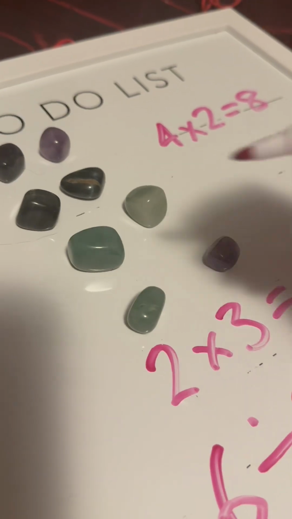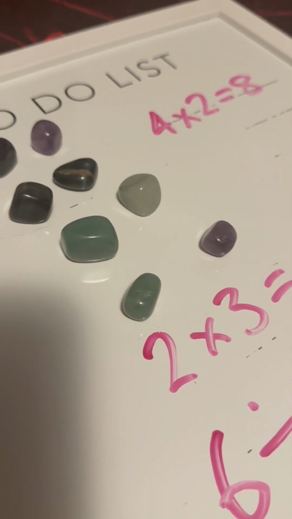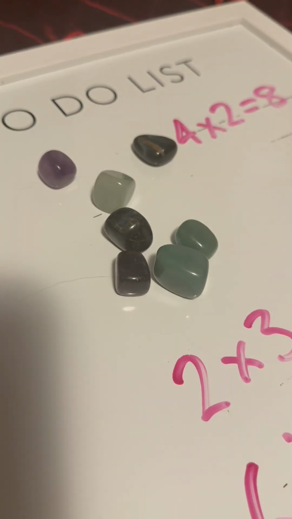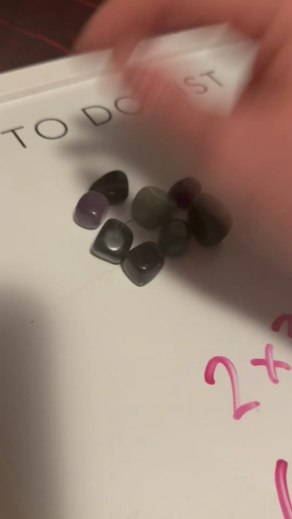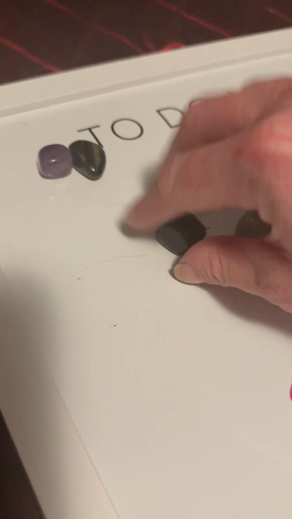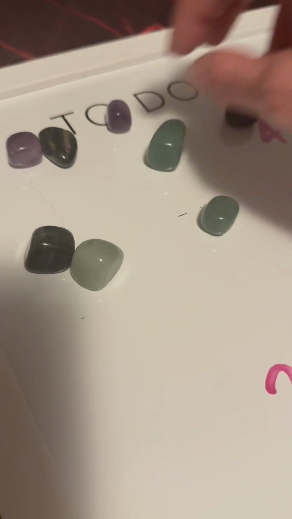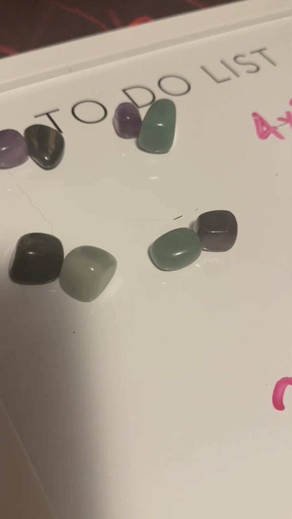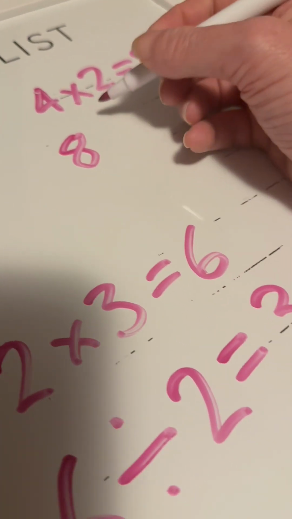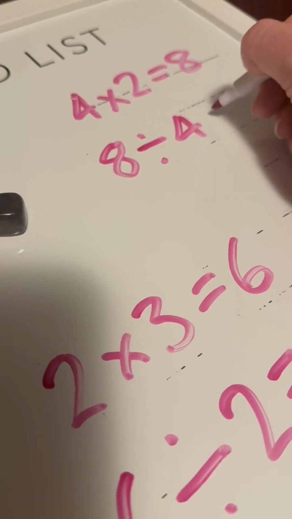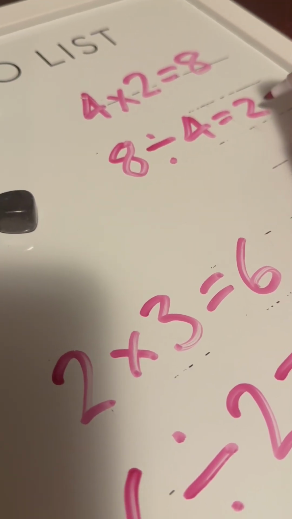And so if we wanted to do 8 divided by 4, we would be splitting our 8 into 4 equal groups. So 8 divided by 4 is equal to 2.